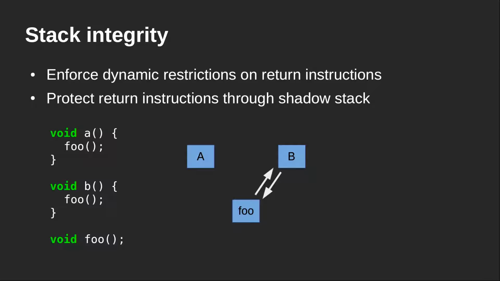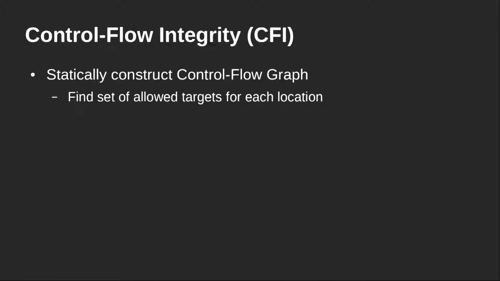The second security principle that I would like to talk about is control flow integrity. Control flow integrity at a concept level tries to ensure that the execution of the program never leaves the statically determined control flow graph. To ensure this security property, we first have to statically construct a control flow graph.